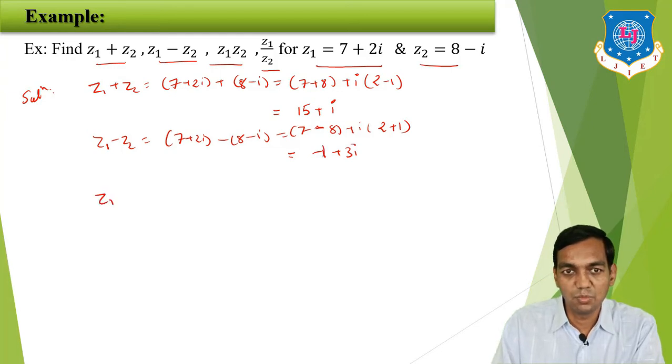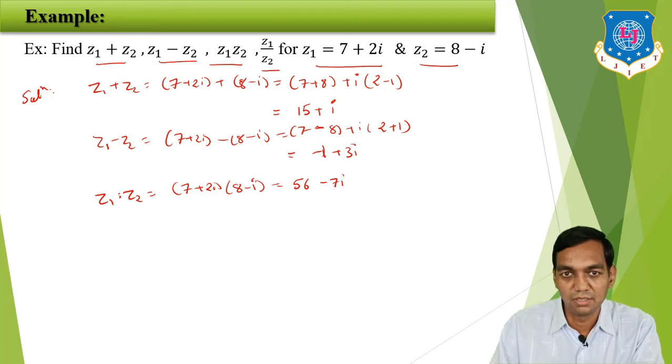In the same manner, z1 into z2 is (7 plus 2i) into (8 minus i). Here you have to use simple multiplication. 7 into 8 is 56, minus 7i, 7 into minus i. Okay?